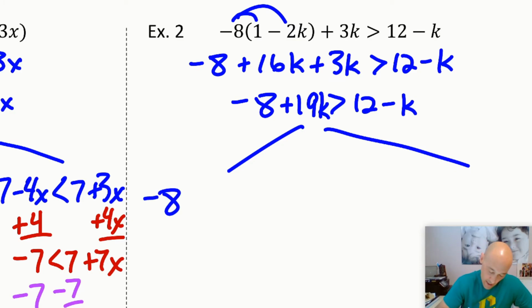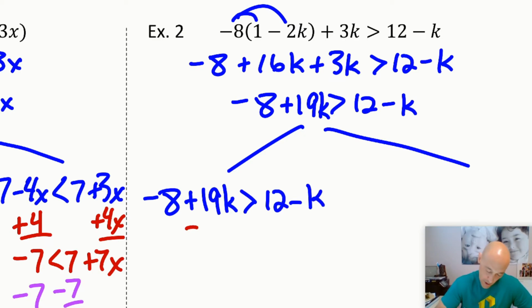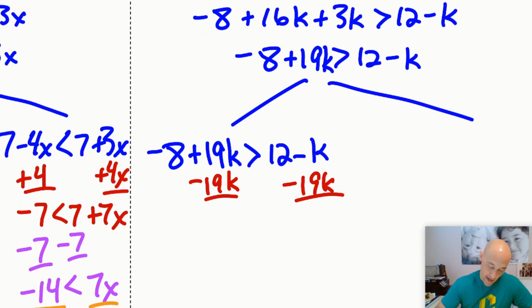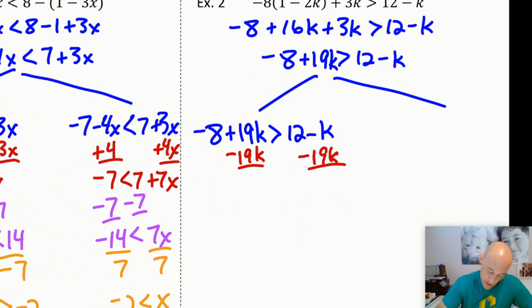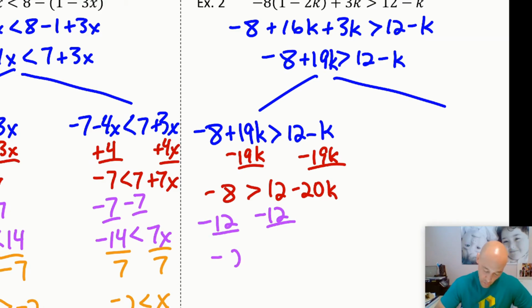So we have negative 8 plus 19k is greater than 12 minus k. Now here I'm going to subtract 19k, and so you'll notice that I have a negative k there. So this is going to be negative 8 is greater than 12 minus 20k. And that's going to be the reason why we end up having to divide by a negative number. Now I'm going to subtract 12, and I get negative 20 is greater than negative 20k.